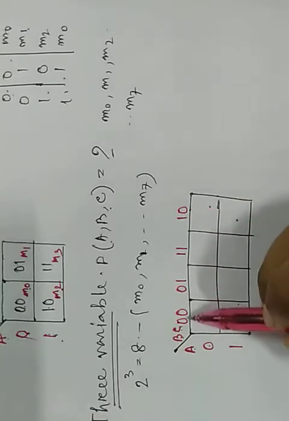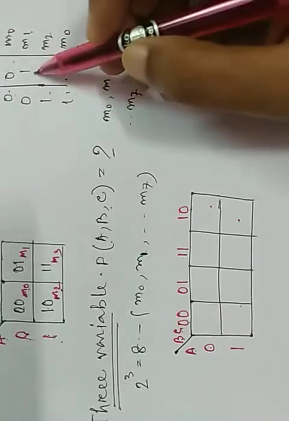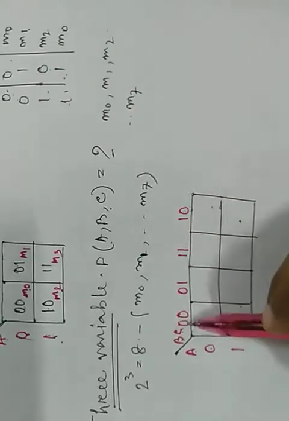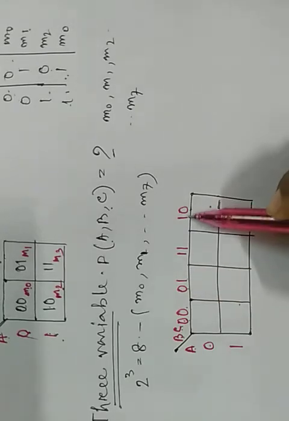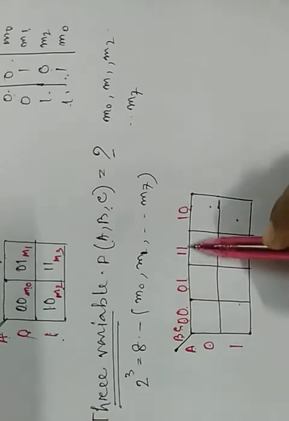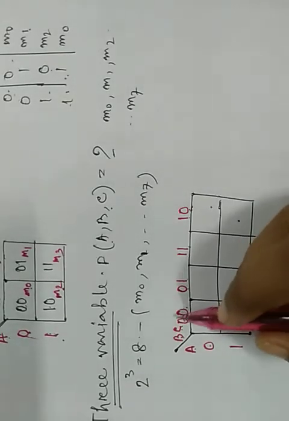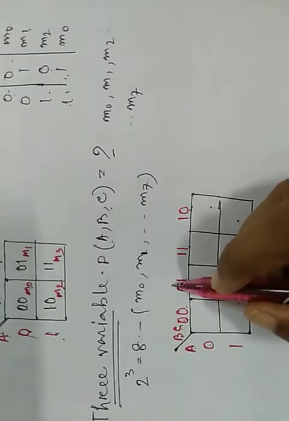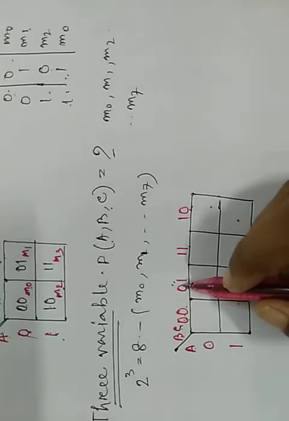Our usual sequence is 0 0, 0 1, 1 0, 1 1, but here we have to write 0 0, 0 1, 1 1, and 1 0 in the last column. Why am I writing this? Because every next column value must be a 1 bit change from the previous value.